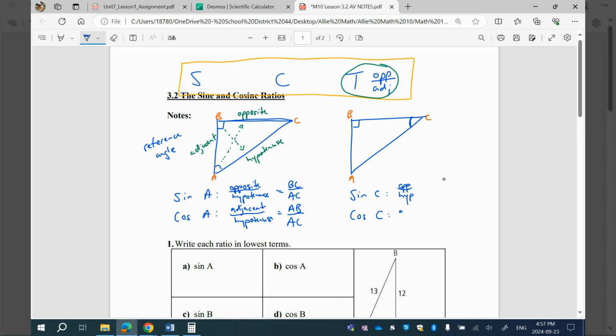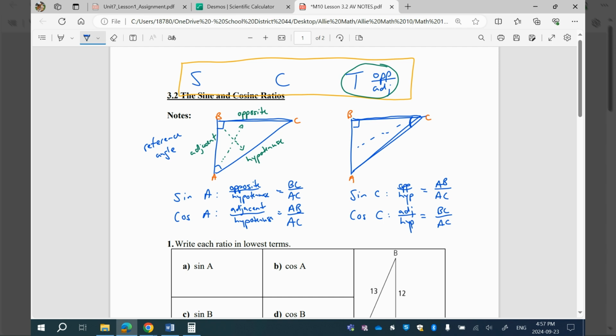Cosine is still the adjacent side over the hypotenuse. For this triangle, the opposite is AB, over the hypotenuse, which is still AC, this longest one across from the right angle. And the cosine is going to be our adjacent side, BC, over AC, our hypotenuse.